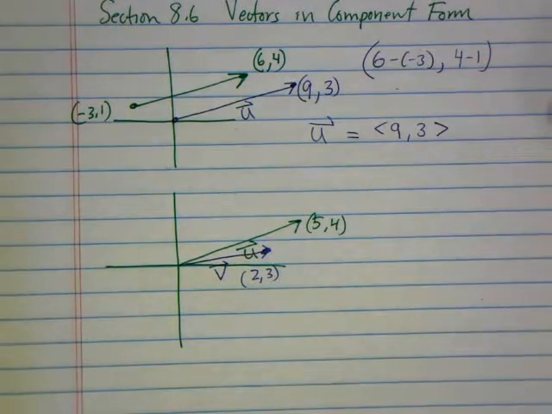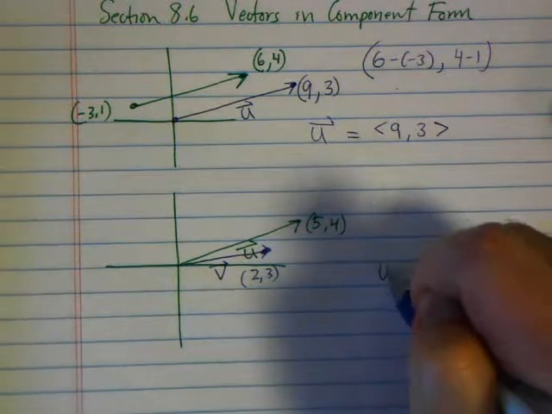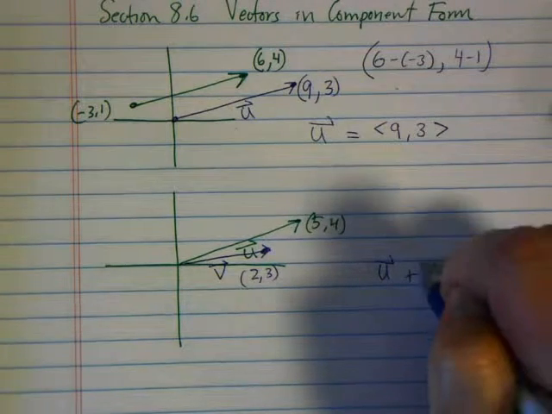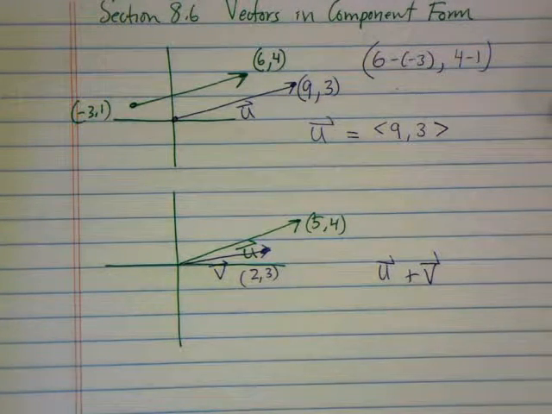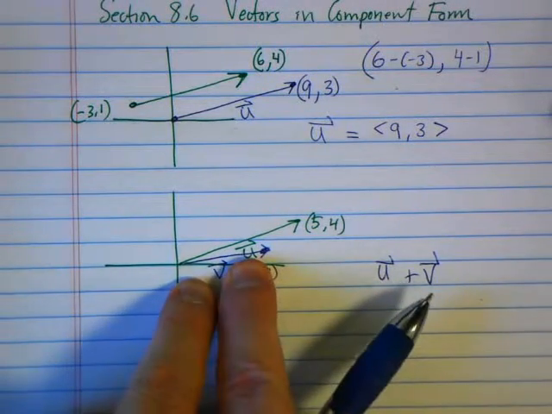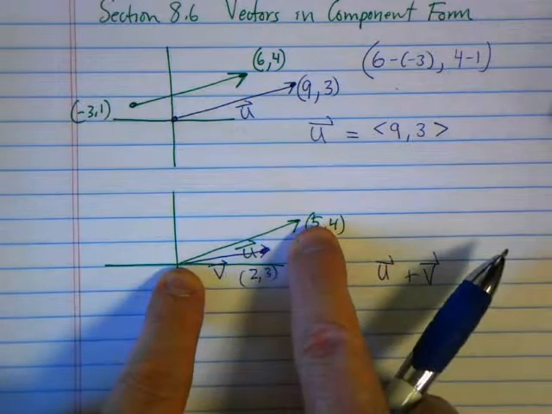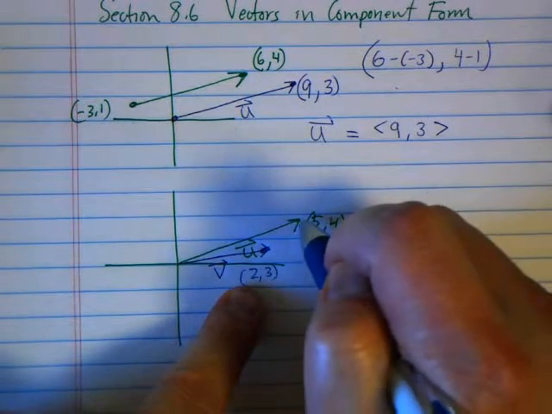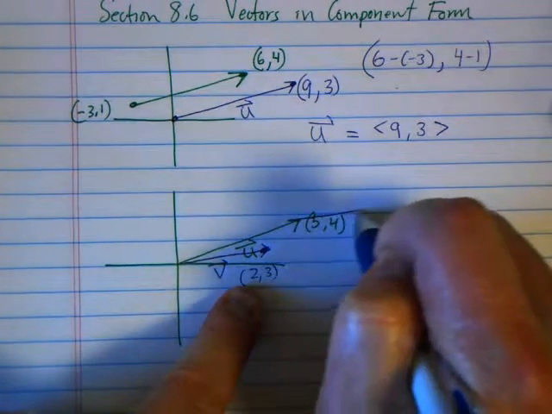What if I told you I want you to add vector u with vector v? How do you do that? You break it into its components and then add the components. Because all this would mean is I take the vector u that ends at 5, 4, and then I take this vector v and add it on.